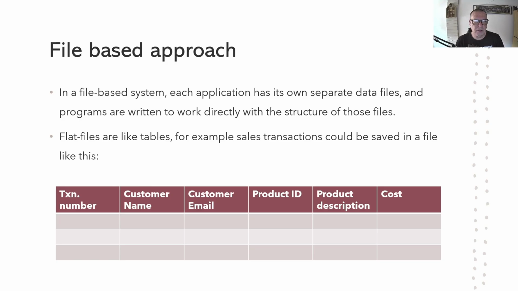And in this file there'd be duplicate information. For example, you might store the customer name every time they buy something, so you'd be storing the same name over and over again. So we'll have a look at some of the problems with a file-based approach, whether it's just files or a flat file.